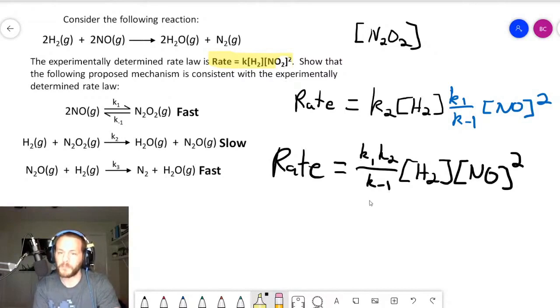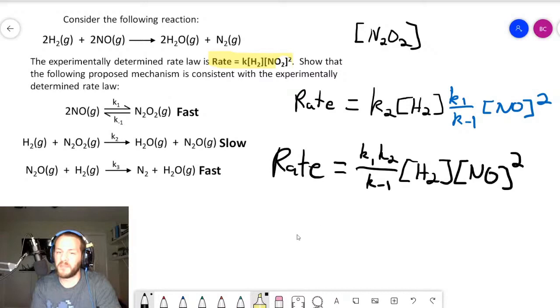Okay. So this is the equation that we have right here. Go back to the pen. So rate equals K1, K2 over K minus 1 times concentration of H2 times concentration of NO squared. Well, this K1, K2 over K minus 1 is kind of a long-winded way to express a constant. Because a constant times a constant divided by another constant is a constant, right?